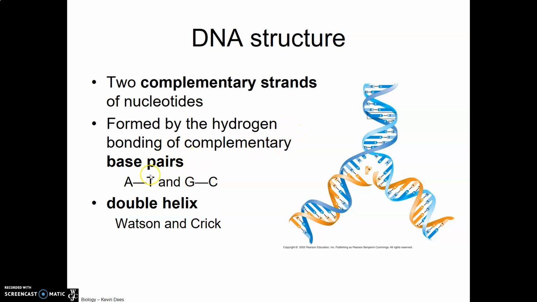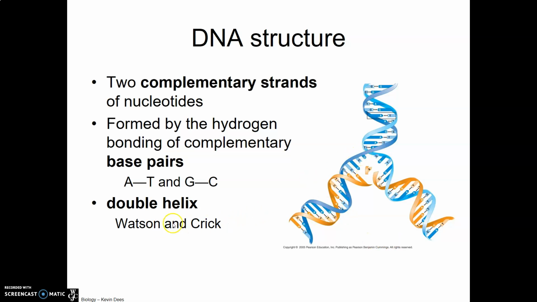And of course, the base pair rules: adenine forms hydrogen bonds with thymine, and guanine forms hydrogen bonds with cytosine. And this gives our DNA molecule a very unique appearance. It's often called the double helix. It's sort of like a double twisted ladder.